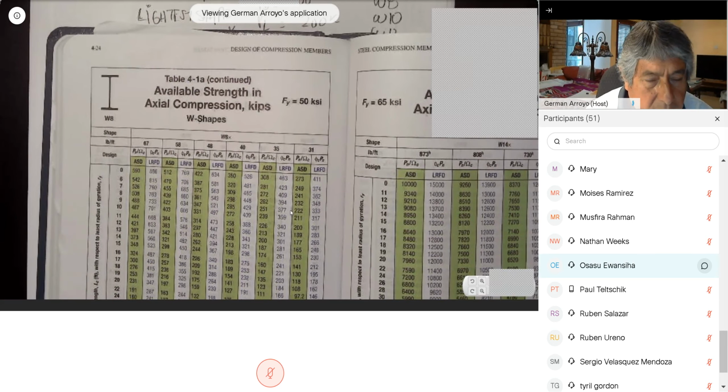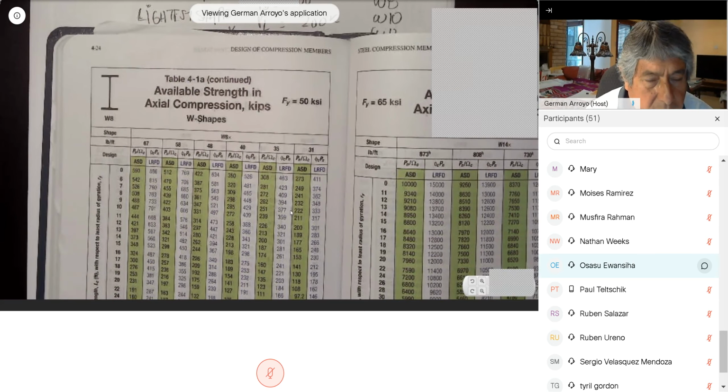Whenever you use the code, you have to be very careful because there are too many tables. Look, this table is for 50 KSI. In the next page, we have for 65. And in other pages, they have for 70. Look, 70 KSI.